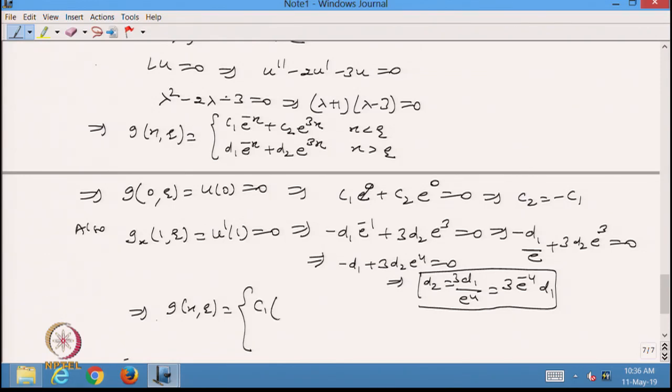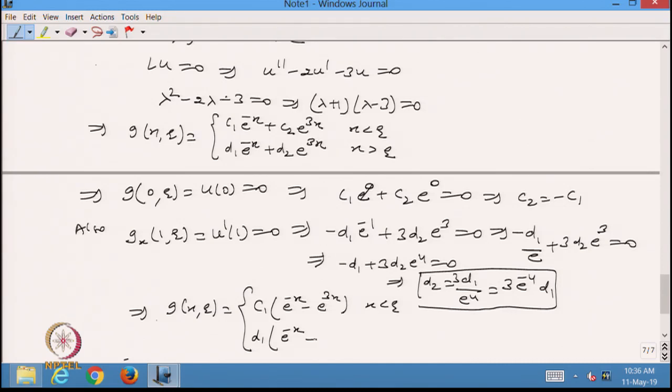C1 e minus x minus e 3x when x is less than xi, and this one I can write as d1 e minus x and d2 is this one.